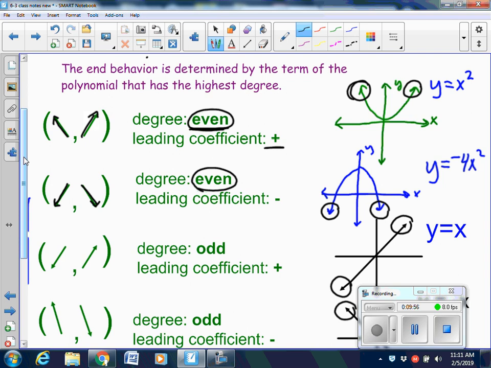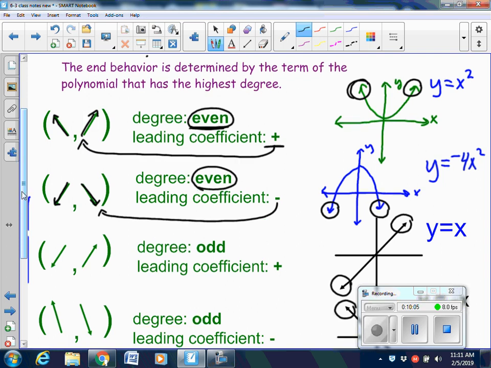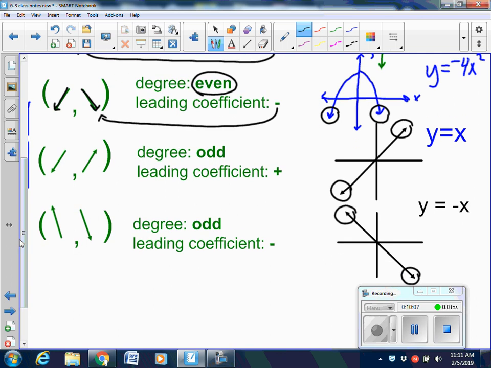And if the leading coefficient is positive, they both end up, and if it's negative, they both end down. Same thing with this, if the highest degree is odd, whether it's positive or negative, these are the pictures that associate with that.